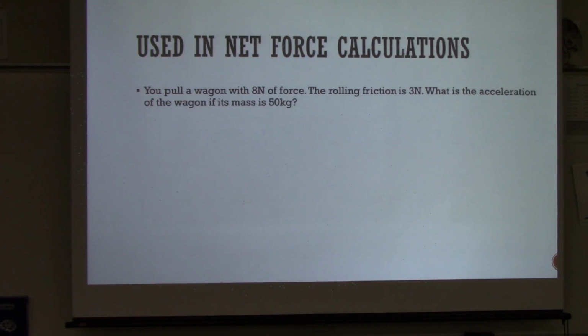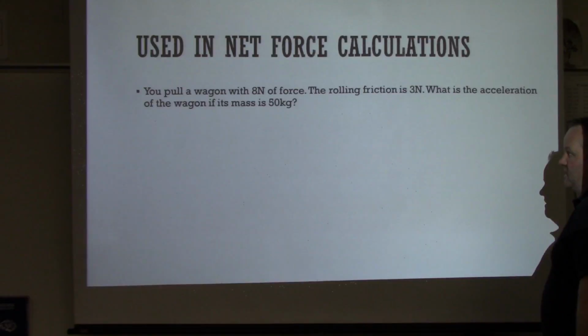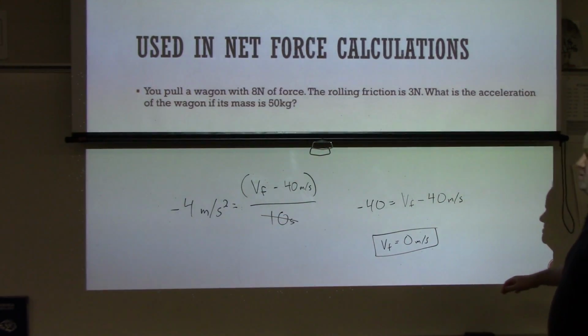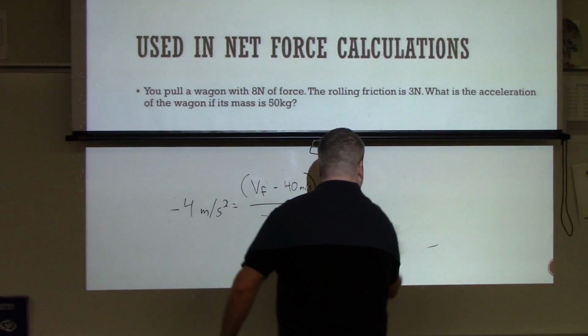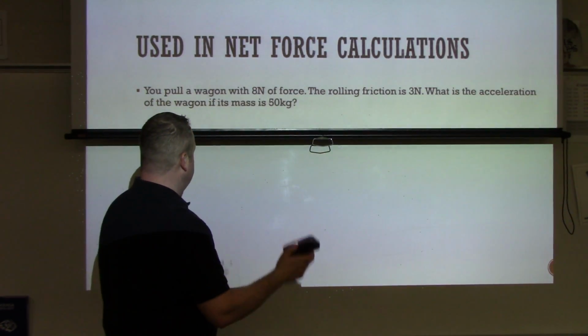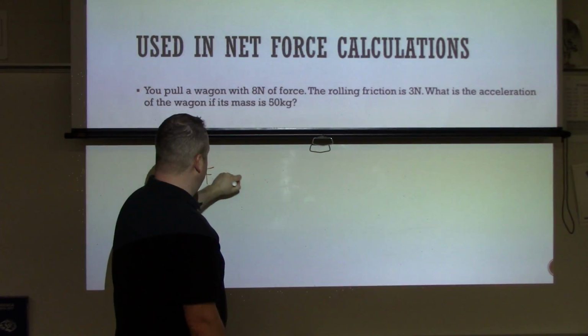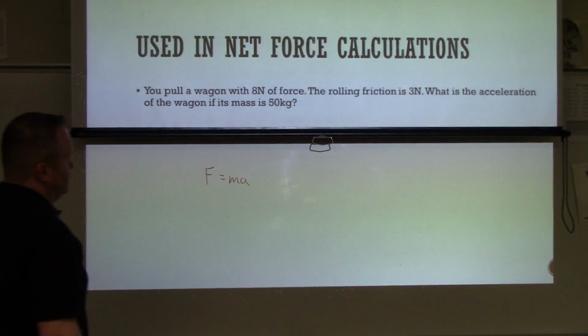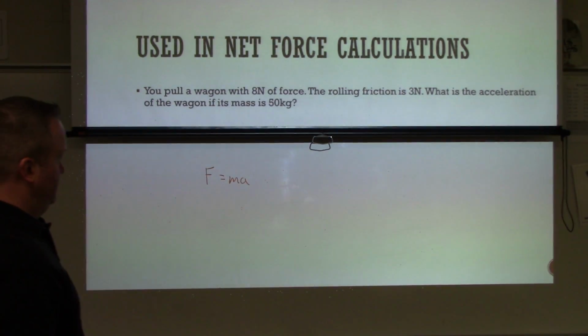Okay, so you can surmise that if you are given a number for force and you're given a mass, then you're probably going to be using the F equals ma formula. And that is accurate, you are. So F equals ma. The problem is you don't really know what the F is.